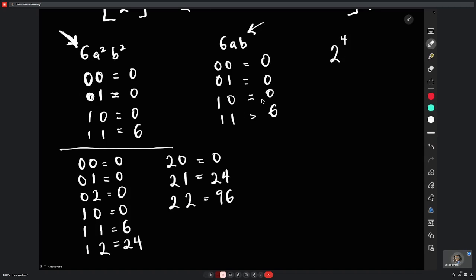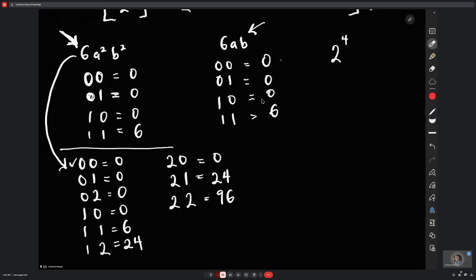This is the representation of this guy in evaluation form, right? If we check over the Boolean hypercube, both of them agree, that's 0 0, 0 1, 1 0 and 1 1.